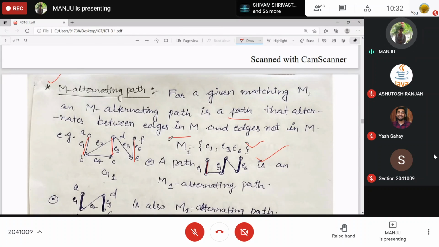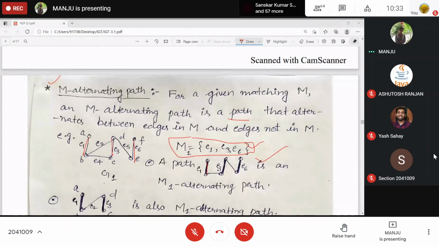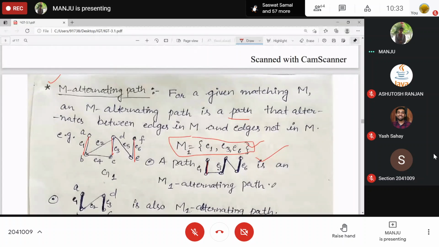Can you find M1 for this one only? Any M alternating path containing E2, as well as E5.